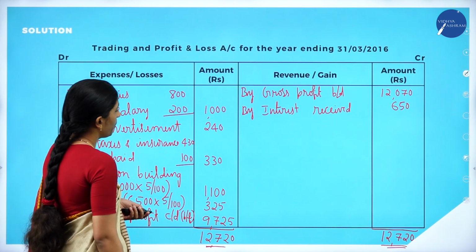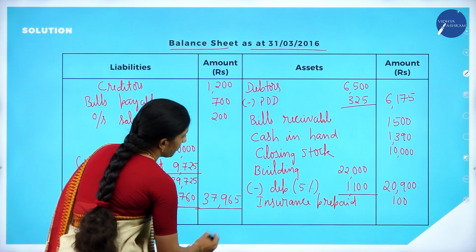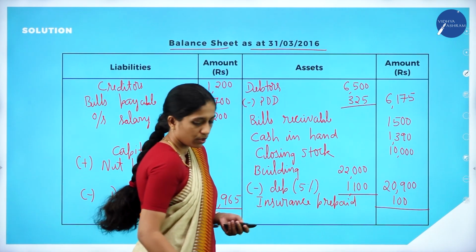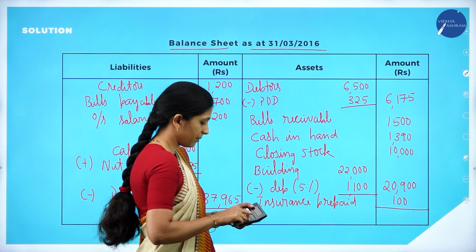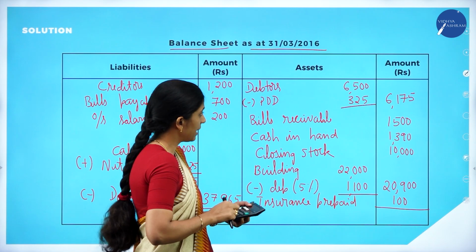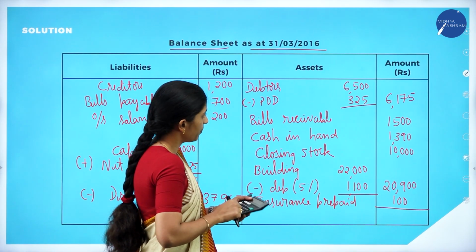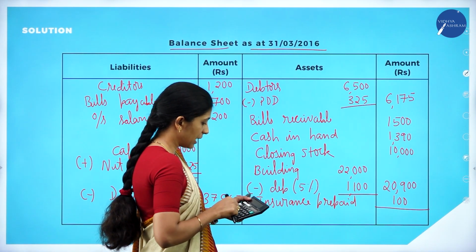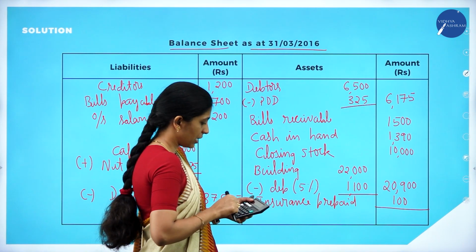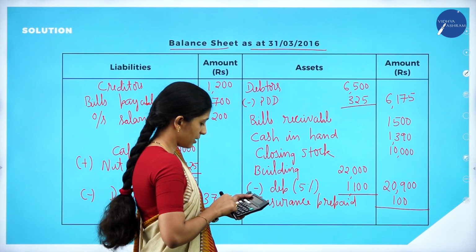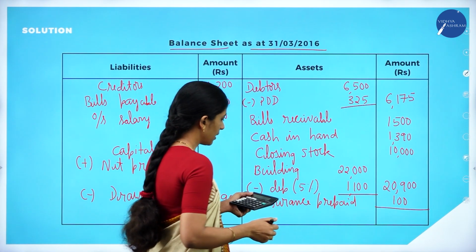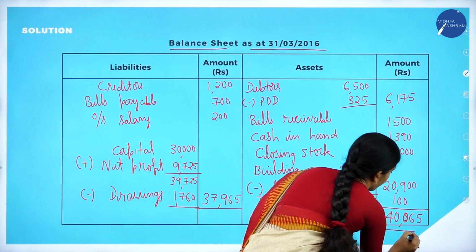Now we shall total your balance sheet. Let's see whether it tallies or not. 6,175 plus 1,500 plus 1,390 plus 10,000 plus 20,900 plus 100. So we'll get 40,065.